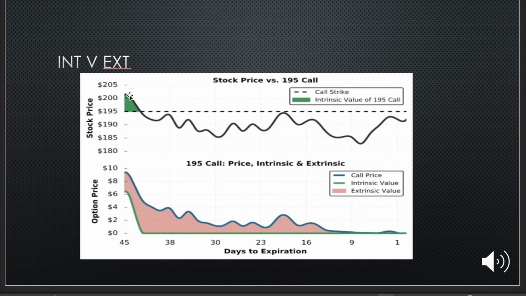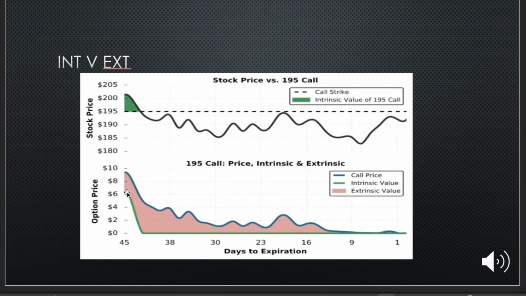Okay. As time goes by, that stock price can fluctuate. It can either go down, it could bump around and stay around that 195 level, or it can also go up, right? Or it can go down as well as up later on. Now, at the beginning, this is the option price chart, not the stock price chart.